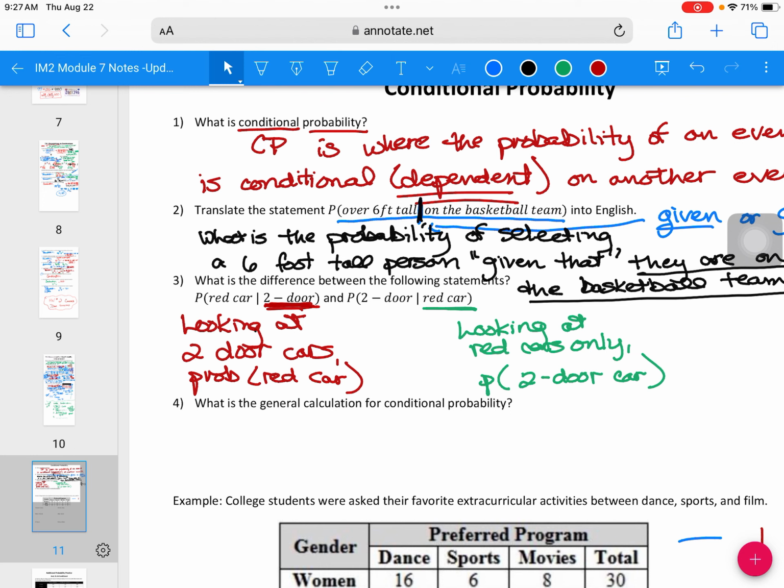So take a look at these pictures. Okay. Which of these is showing number 1, the first one, where I'm looking at all two-door cars and I'm trying to find the red car? The one on the right, yes.